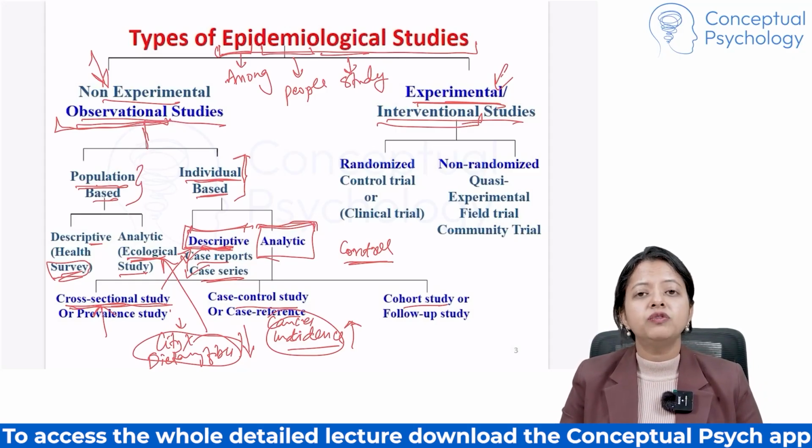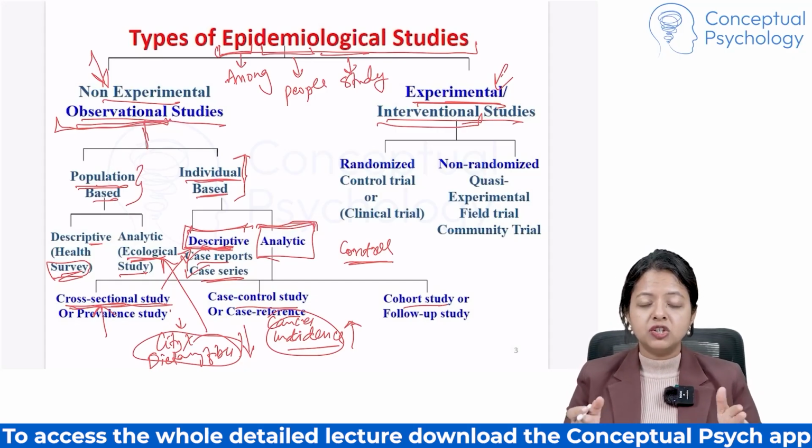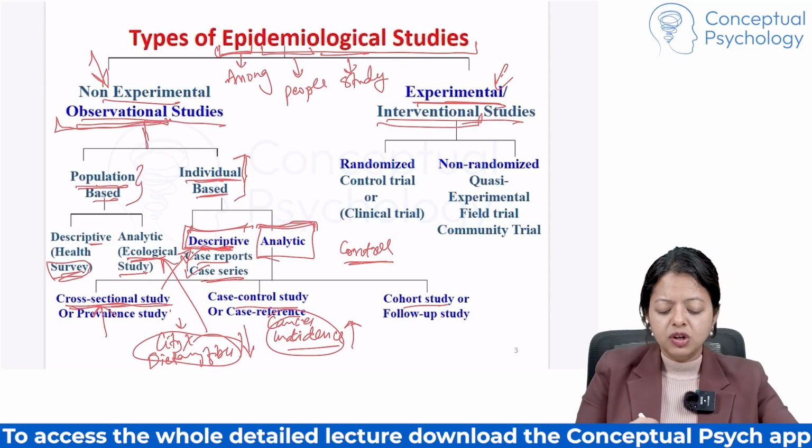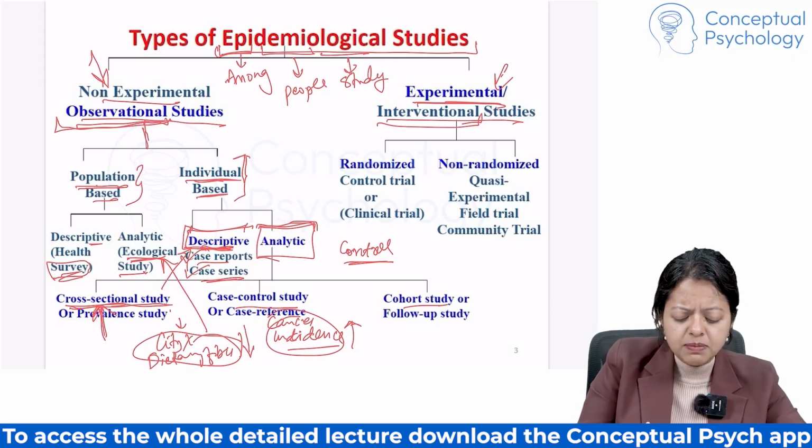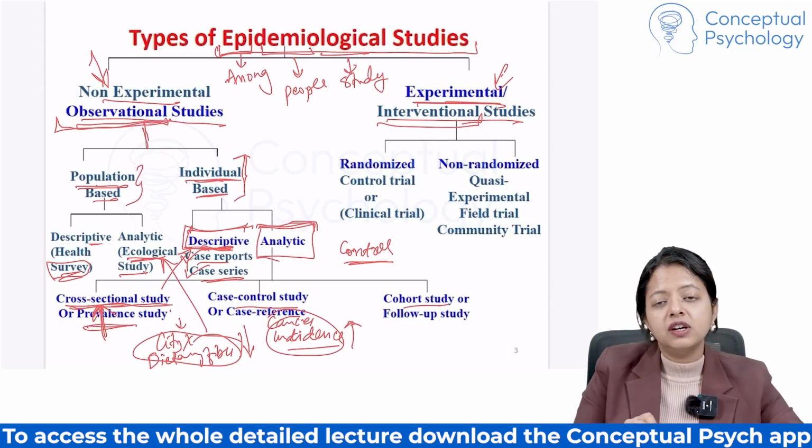Like at one point of time, we want to see how many people have depression. So prevalence of depression at one point of time. So that is a cross-sectional study or prevalence study because it helps in finding out the prevalence.